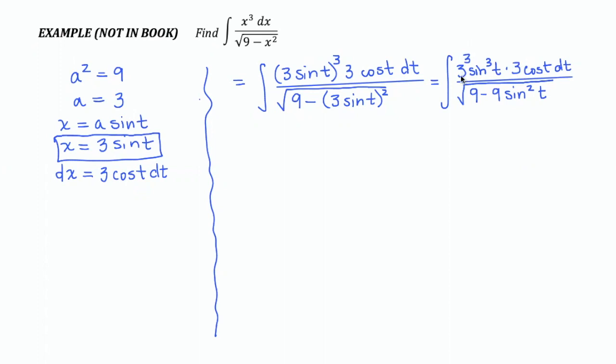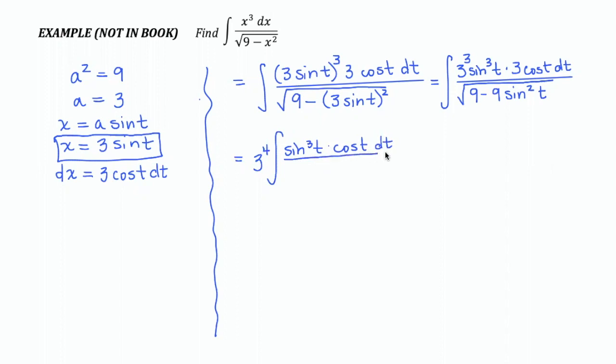And you're going to notice I'm not going to bother multiplying that out because I'm going to get some factors to cancel, and it turns out just to be easier to leave it in this exponential form. So I actually have a 3 to the 4th power that I can take out of the whole integral, leaving behind in the numerator just sine cubed t times cosine of t dt.